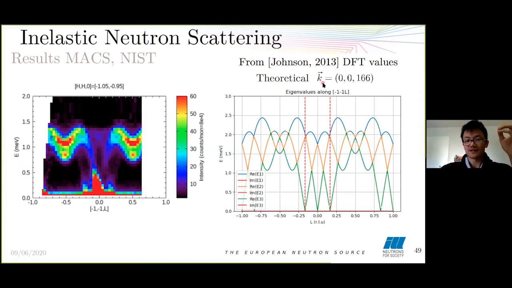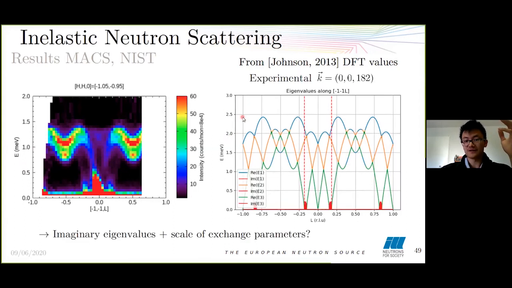If I take the theoretical propagation vector, which is actually minimizing the energy of the Heisenberg Hamiltonian, I get this relation of dispersions. But if I take the experimental propagation vectors, which is different, I get some imaginary values. And we can also see that the scale of the exchange parameters seems not to be the same as what is measured experimentally.